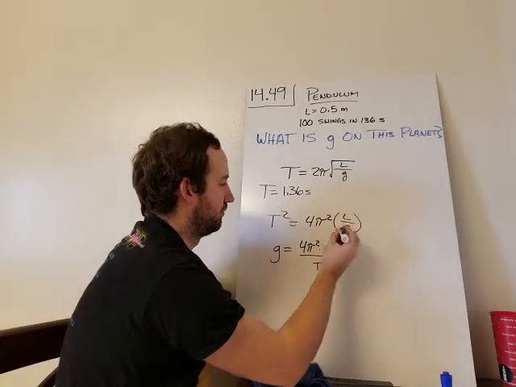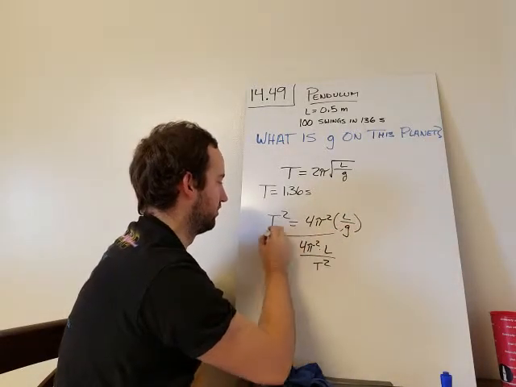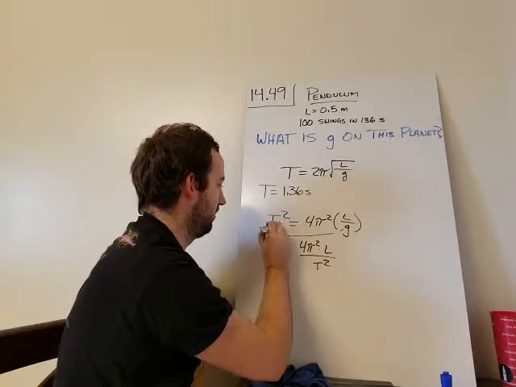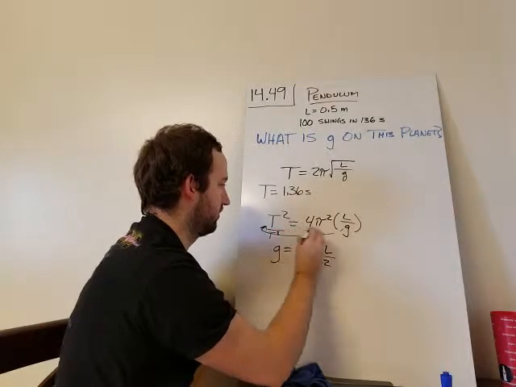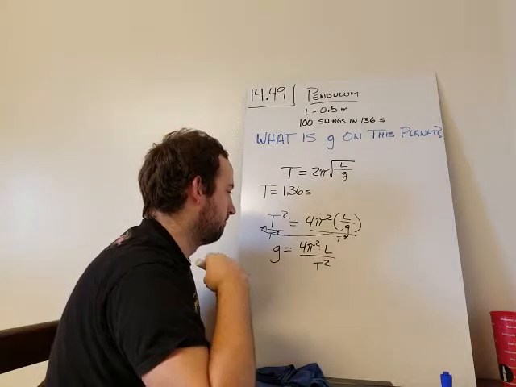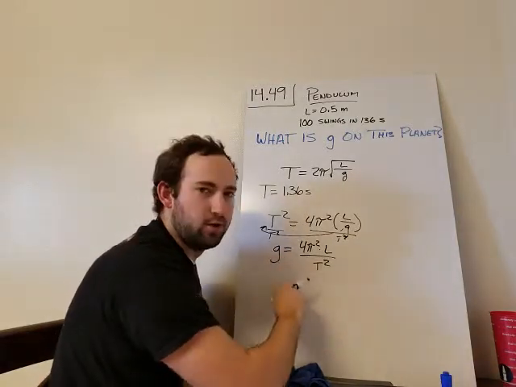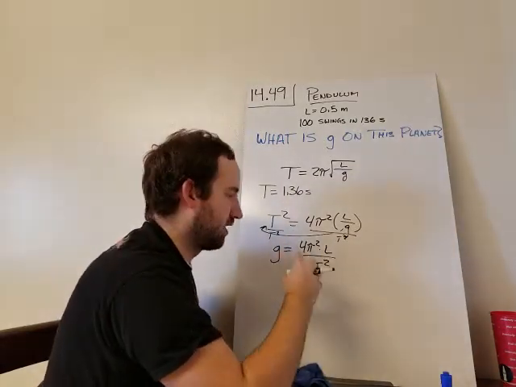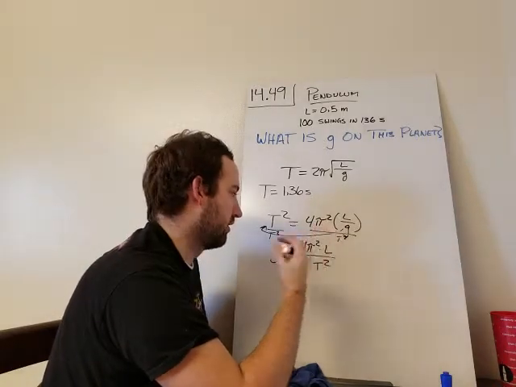We do that by multiplying g over and dividing by T squared. And now, since we only have one unknown variable, we can plug everything in, and we'll be able to find the gravity.